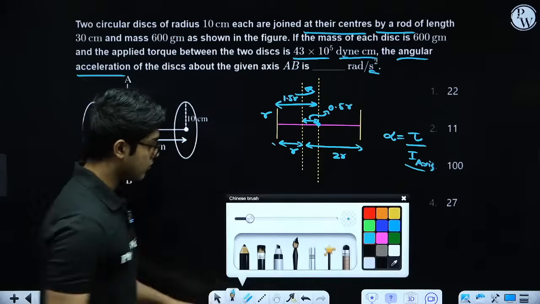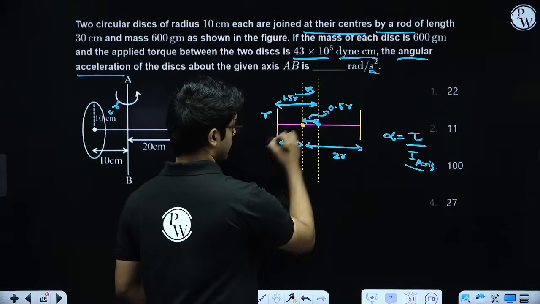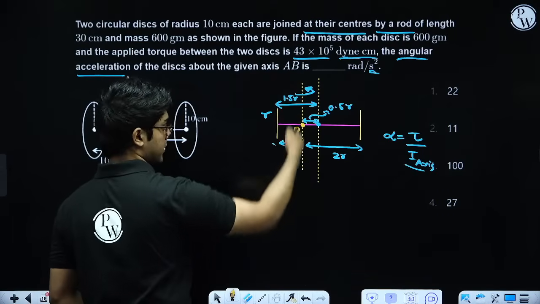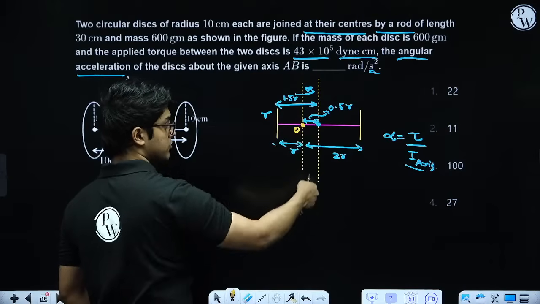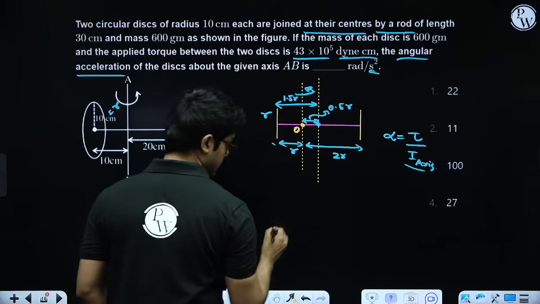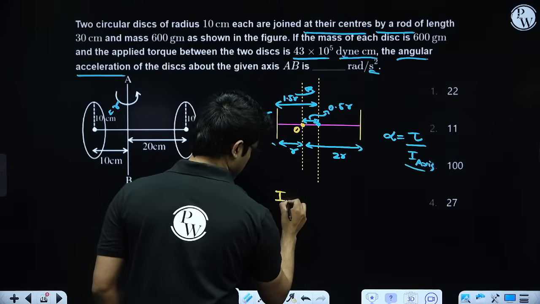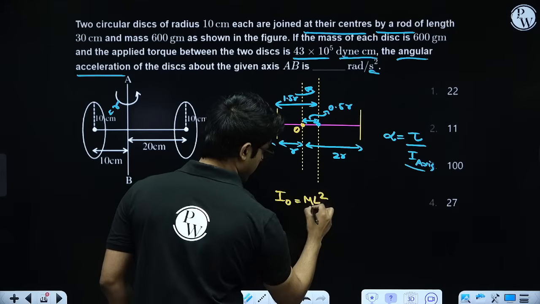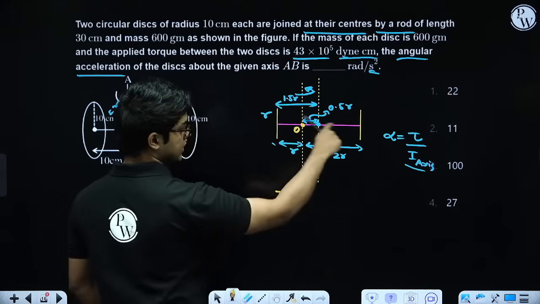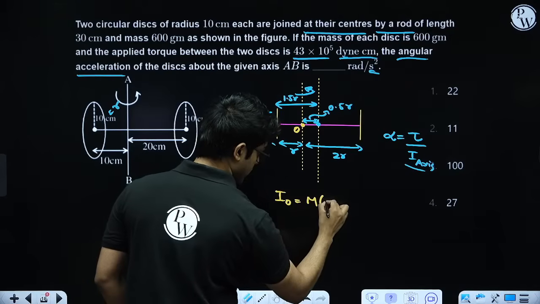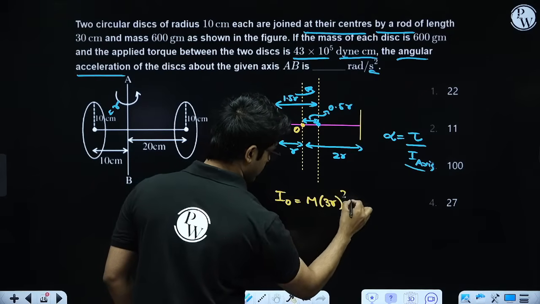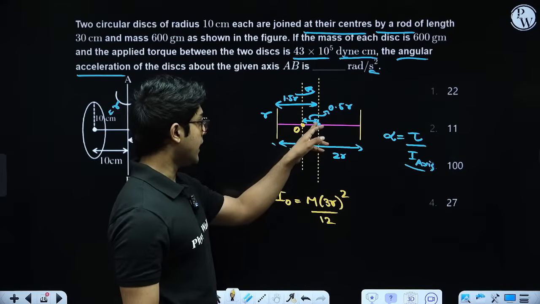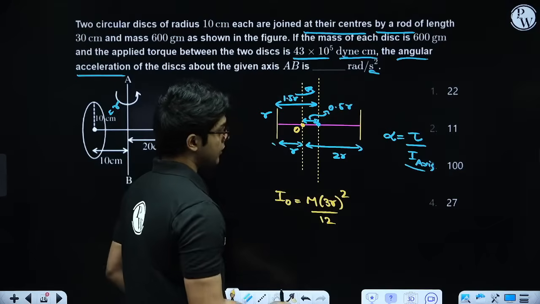Now for the purple rod, we can find the moment of inertia about this axis O, this vertical axis I meant. About this axis, the moment of inertia is going to be ml square by 12. So I about O, just for the purple rod, will be ICM, ml square by 12. Here the length of the rod is 3r, right? So m into 3r squared by 12, and then we have to add m into 0.5r, which is r by 2, whole squared.